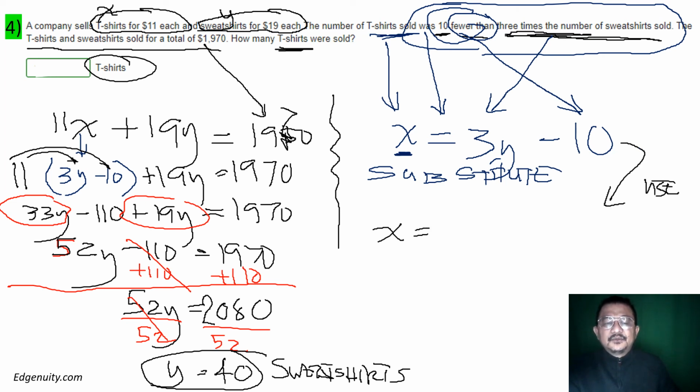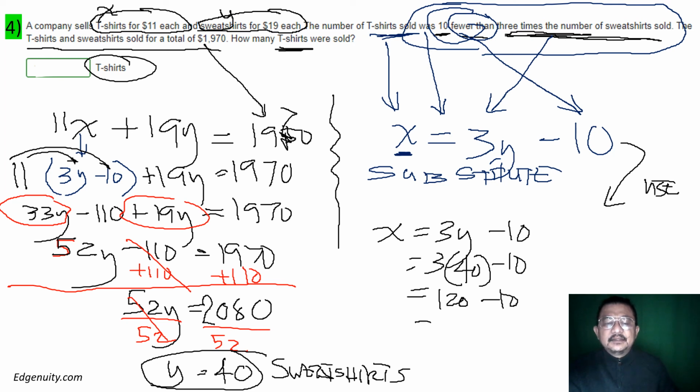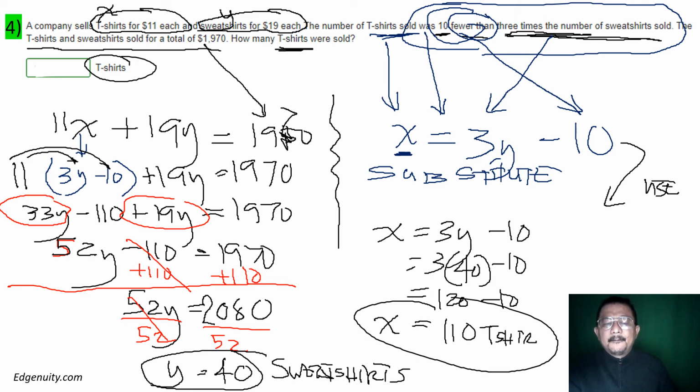X is equal to 3 times whatever sweatshirts you have, then take away 10. So 3 times 40 minus 10. That becomes 120 minus 10 equals 110. X is equal to 110 t-shirts. Right, so our answer is 110.